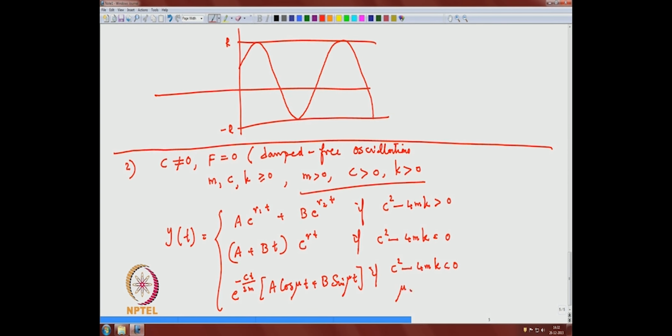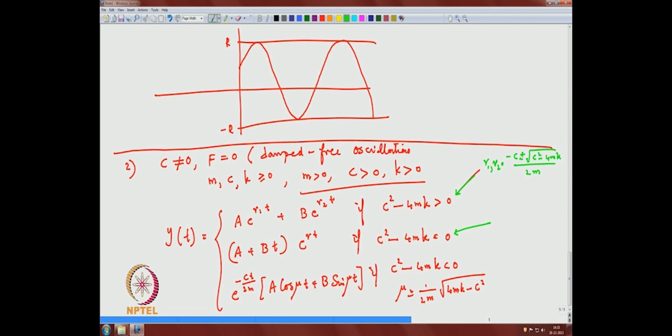Mu is nothing but 1 by 2 m square root of 4 m k minus c square. This is what in the last class we have seen already. You can write down, and where r1 r2 in this case are given by minus c plus or minus square root of c square minus 4 m k by 2 m.